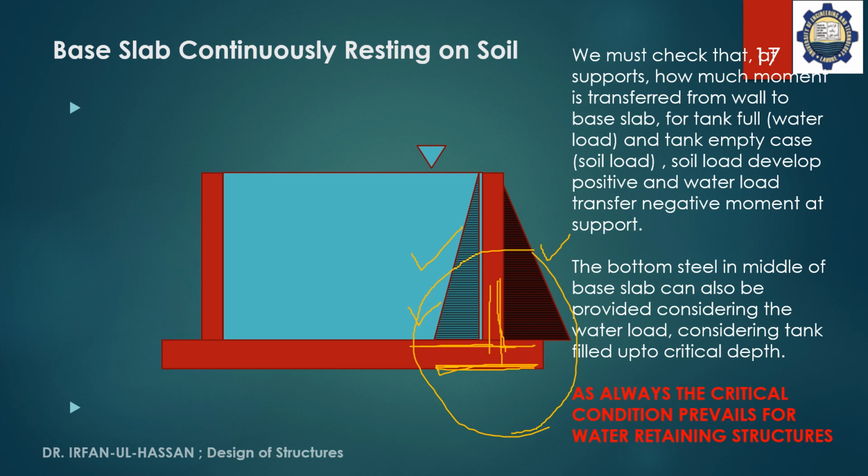Normally this is a rare case because the span of the base slab is quite large, and we can compute this as a one-way or two-way slab for the full water load. While computing the bearing pressure, you go for the full depth of water and compute the bearing pressure and compute the moments. In addition, the steel which is provided in the wall is also extended into the base slab.